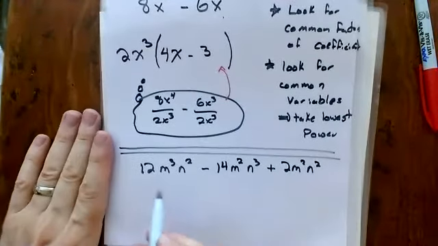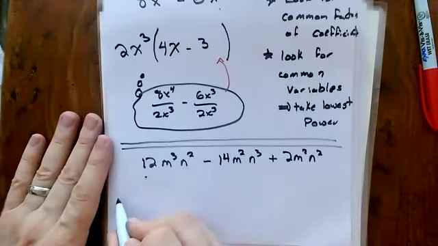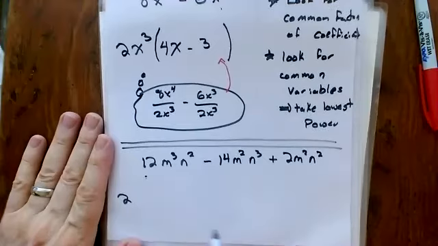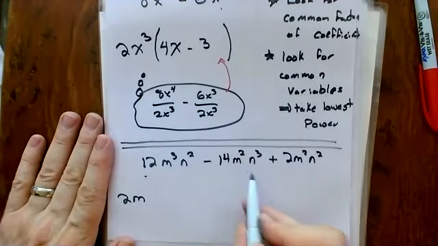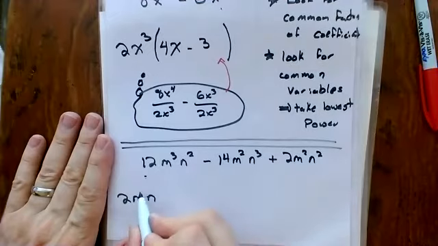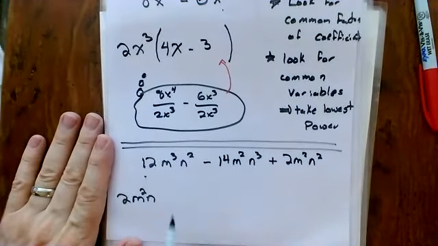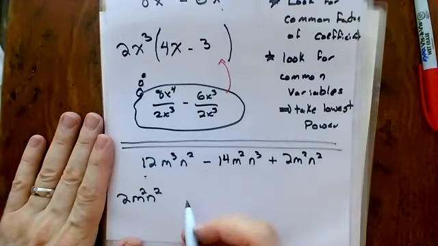Here I see I've got 12, 14, and 2, and it looks like 2 is the biggest number that will go into all of those. I have m's on all of them, and I've got n's on all of them. My lowest power on the m is a 2. My lowest power on the n is a 2.